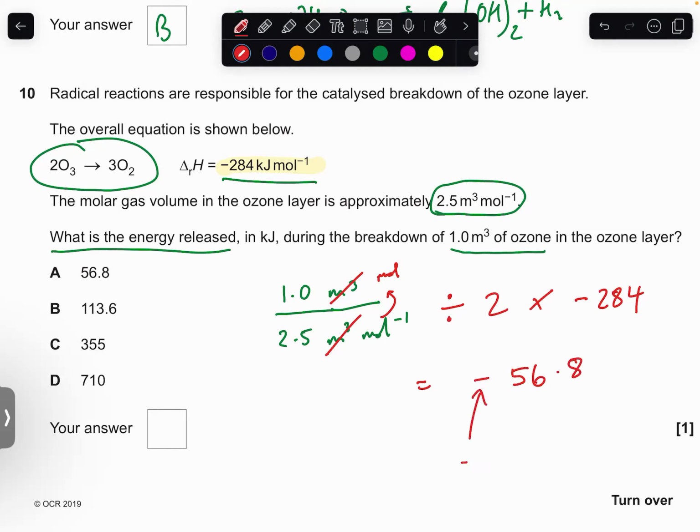That means energy given out. The minus. And the nearest answer we have here is A. Yep, the mark scheme supports that. Just a reminder, why do we divide by 2? Because of this 2 over here. This equation is for 2 moles of ozone breaking down, not 1 mole.